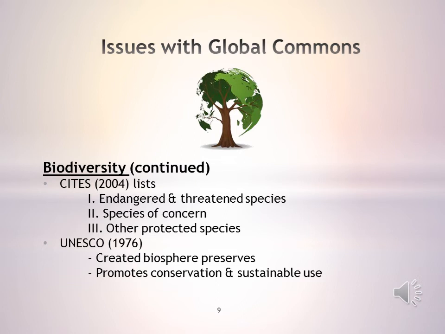So an example of this is the bald eagle in the U.S. Is the bald eagle endangered? No. Is it threatened? No. Is its habitat protected? Yeah, its population's doing really good. But can you hunt a bald eagle? No. Can you eat it? No. Can you trap it? No. You should not do any of those things.